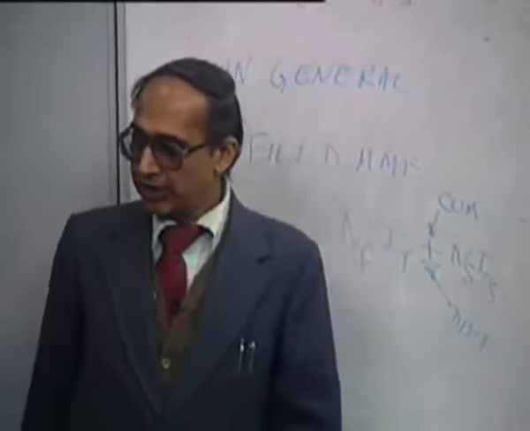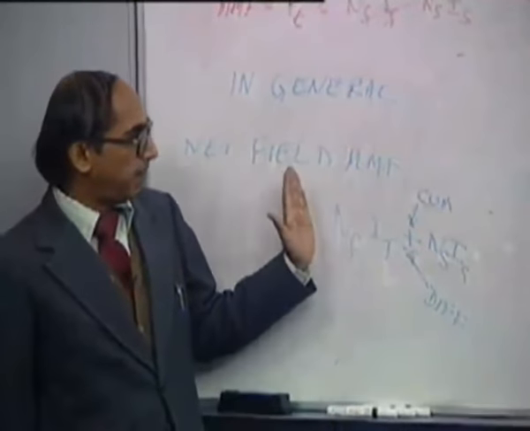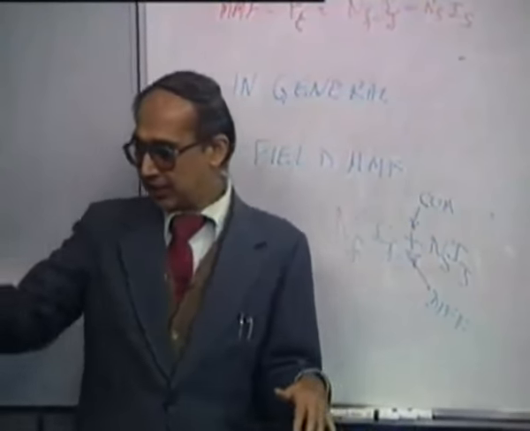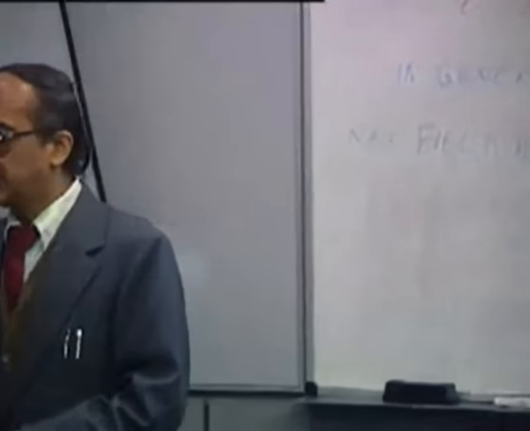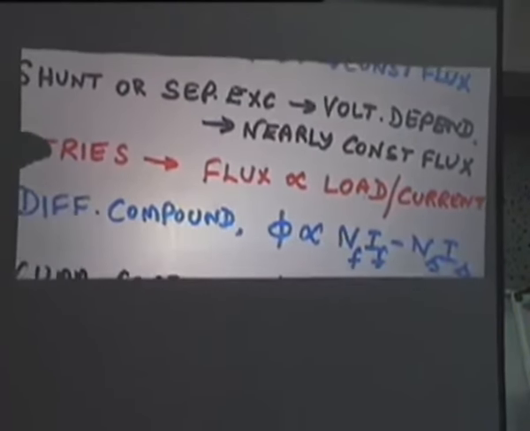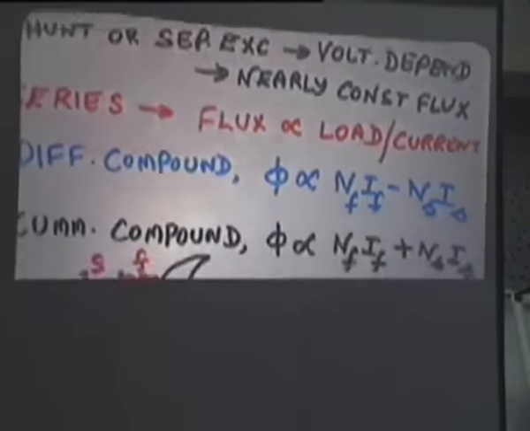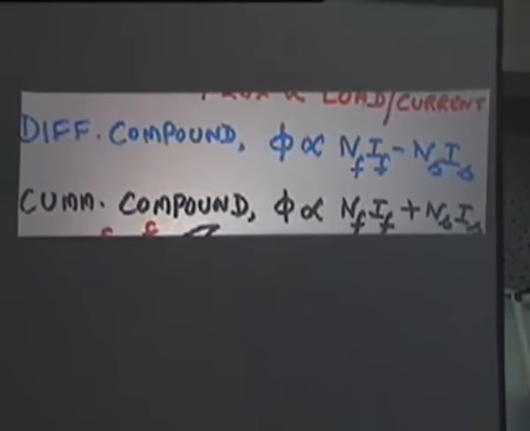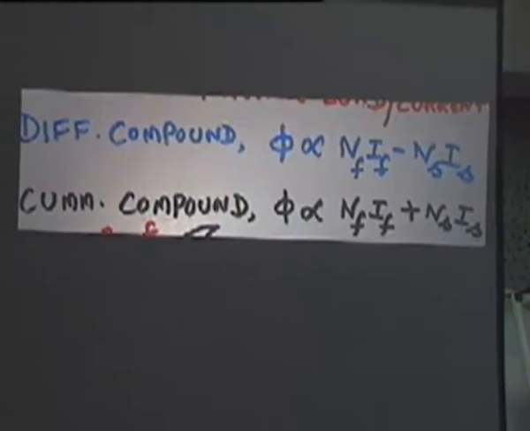Okay. So whatever discussions we had till now, we can summarize as regarding the field as shown here. The series flux is proportional to load, whereas for the shunt the flux is proportional to voltage. In the differential compound, the flux is proportional to the main field NFIF minus NSIS.